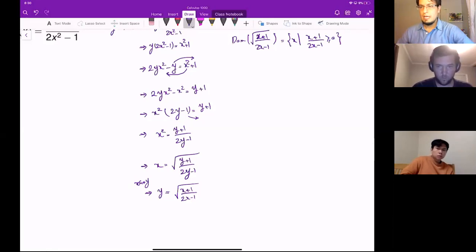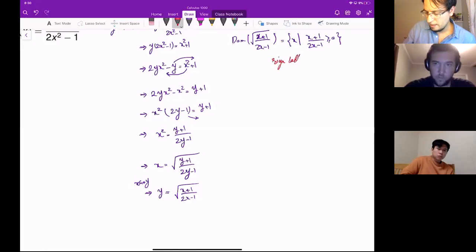Now again, I need to find a sign table for this. To find the sign table, we always start by finding all the roots of the numerator and the denominator. So in other words, we get x plus 1 equal to 0, and 2x minus 1 equal to 0.